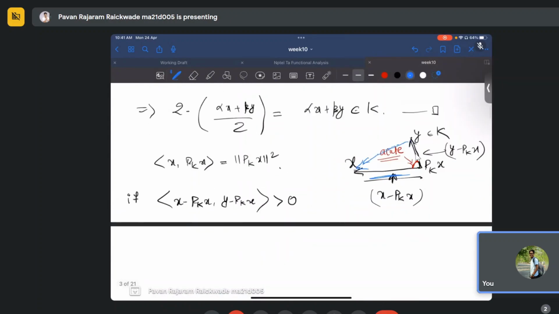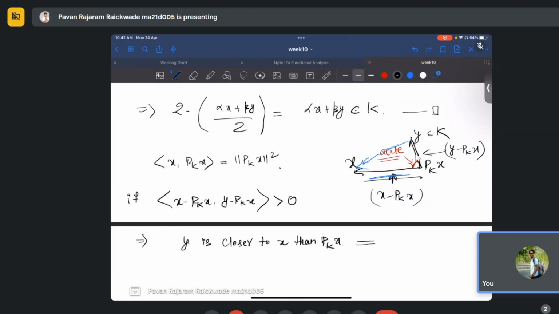So if this happens, that implies y is closer to x than PKx. But this is not true, because we know PKx is the closest point in K to x.